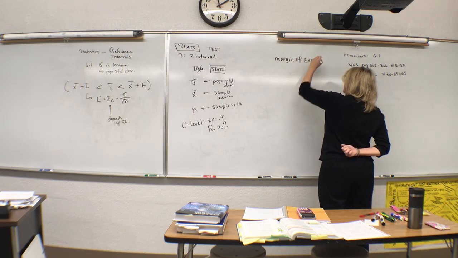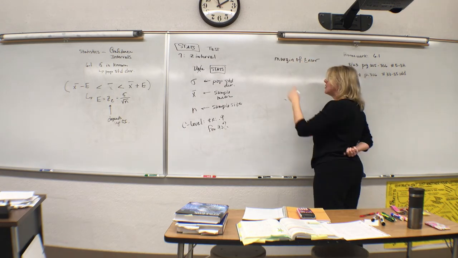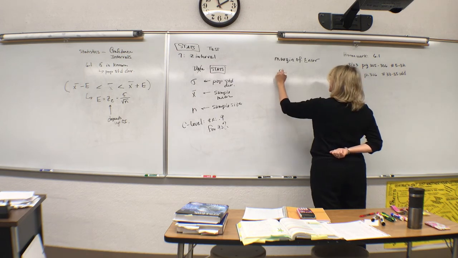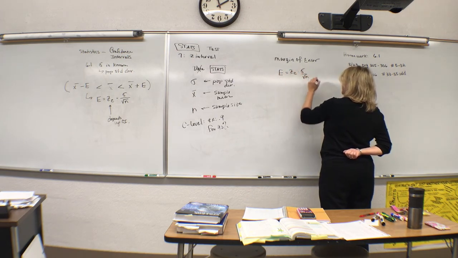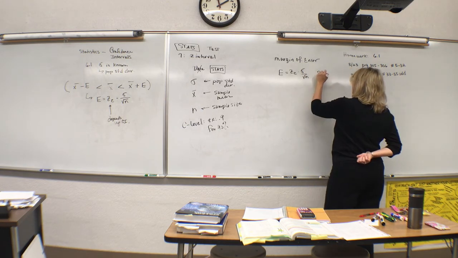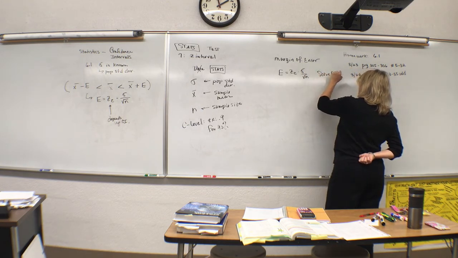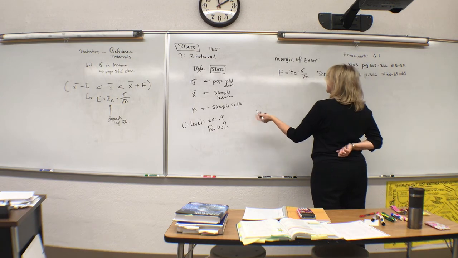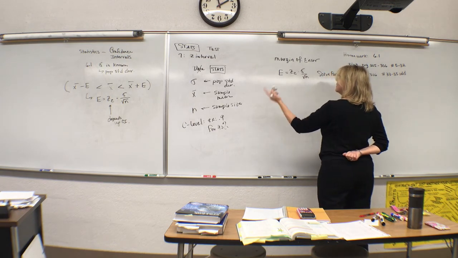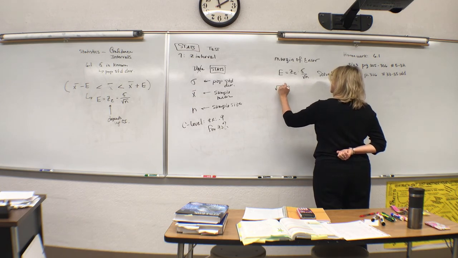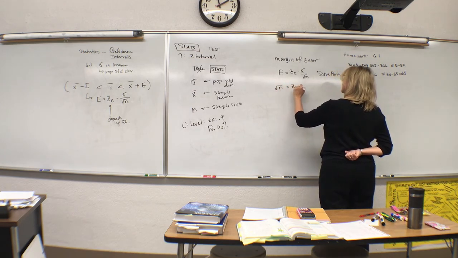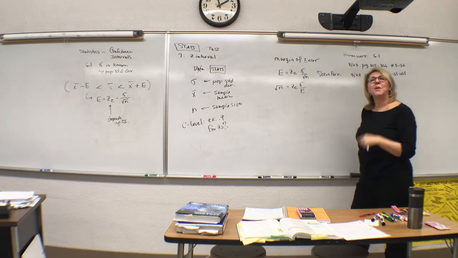The minimum sample size can be determined by an algebraic manipulation of the formula. Error equals z sub c times sigma over the square root of n. This time I'm going to solve for n. So I'm going to multiply both sides by the square root of n, and divide both sides by E. I now have the square root of n equaling z sub c sigma over capital E. Well, I don't want the square root of n, I want n.